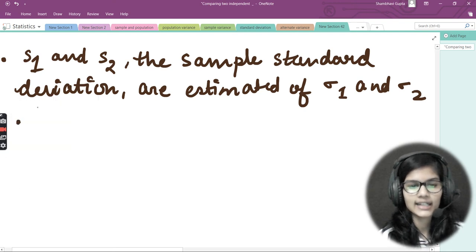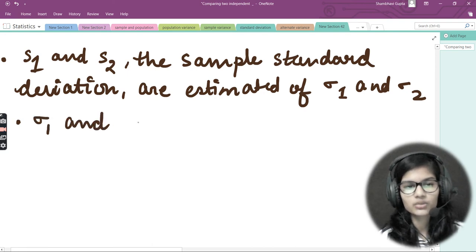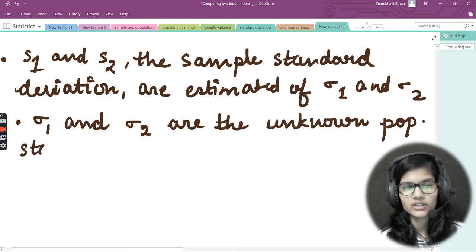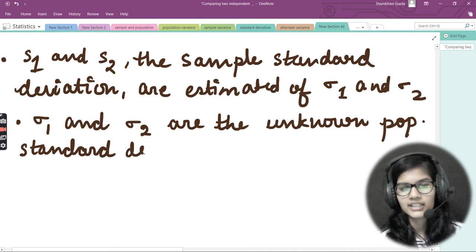Fine, this is the idea. After that, I'll put sigma 1 and sigma 2. What are these two things which we have? So sigma 1 and sigma 2 are basically the unknown population standard deviations, right?